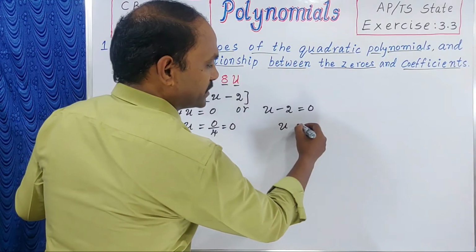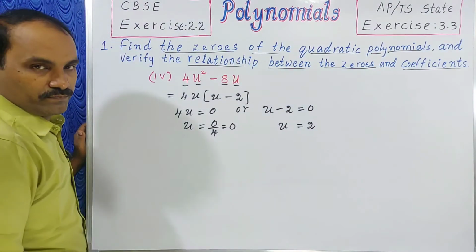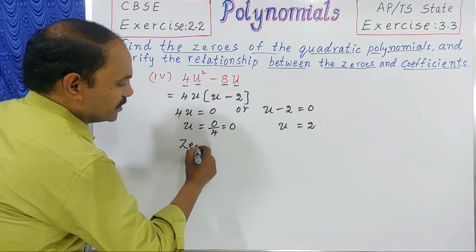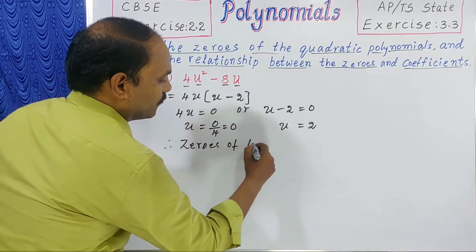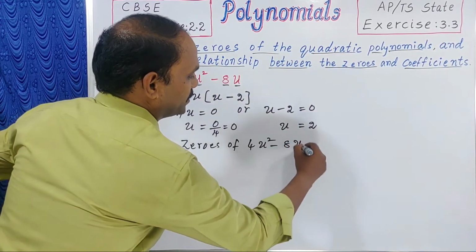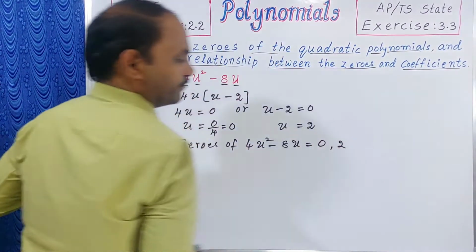Here u is equal to, by the transformation, minus 2 becomes plus 2. Let us check the relation. Therefore, the zeros of 4u square minus 8u are 0 and 2.